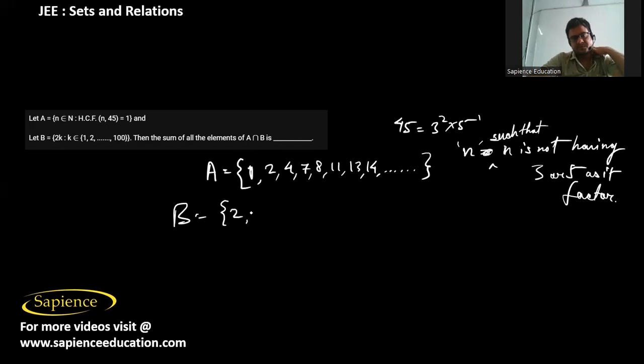So it contains the elements 2, 4, 6, 8, 10 till 200, that is 2k where k belongs to 1 to 100. Then the sum of all the elements in A intersection B is.